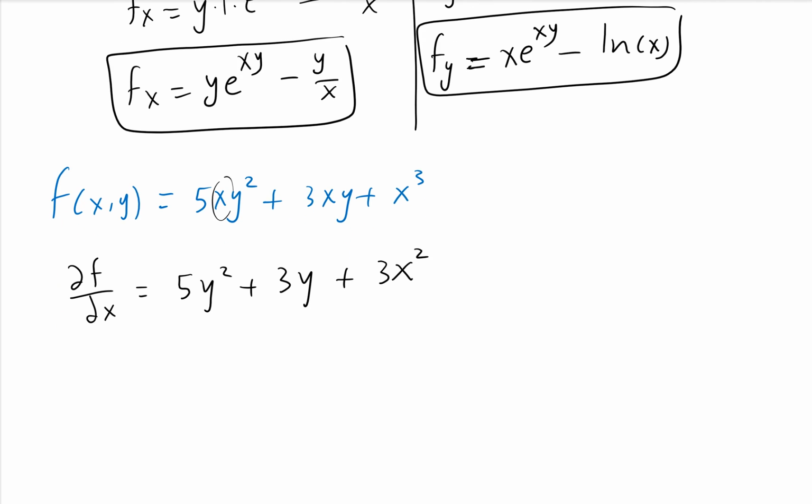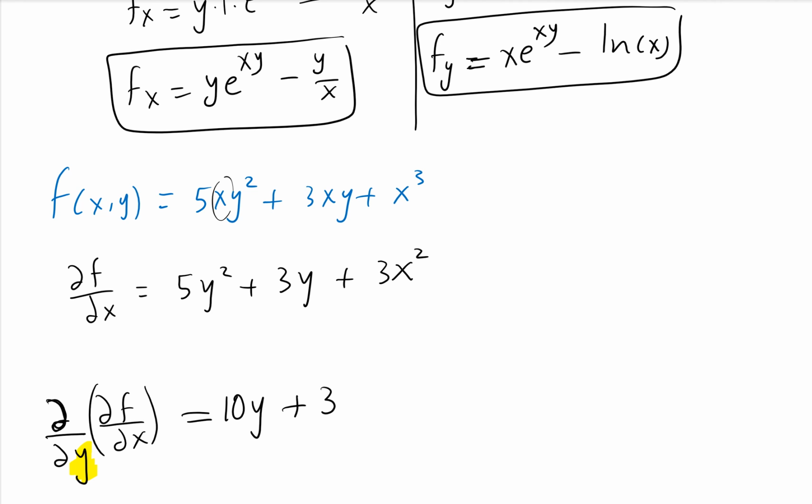That's the derivative of f with respect to x. Now, if I take that one I just found and try to find the derivative of this, so this means derivative with respect to y, what do we get? So means y is the variable now with respect to the y. So that gives me 10y plus 3 plus 0.